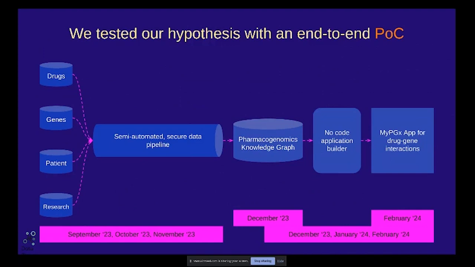And this is ingested into the PGx knowledge graph, which is then made available to the builders through a no-code application builder. And we also expose it as an API, which the developers in the ecosystem can use to build a PGx application.